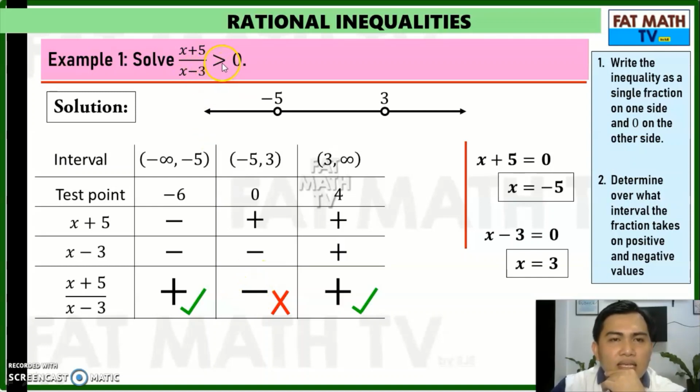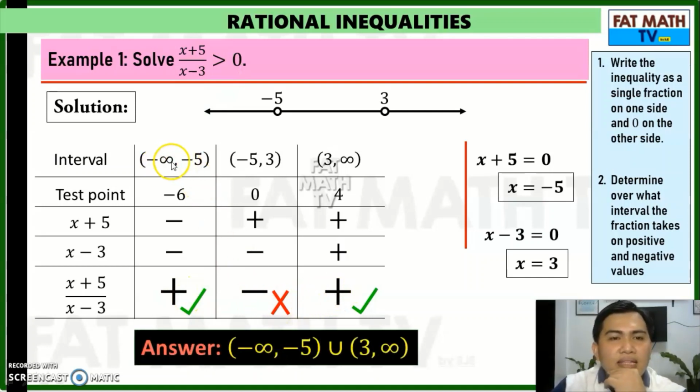But since it is greater than 0, we choose the positive. So our answer is negative infinity to -5 union 3 to infinity. On the number line, all the numbers to the left of -5 and to the right of 3 satisfy this inequality. So there are infinitely many solutions.